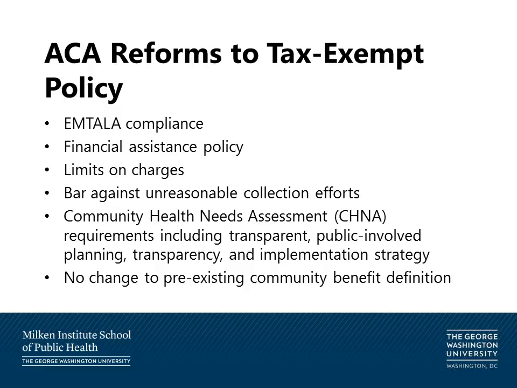What's the plan for addressing those needs that were identified in the CHNA? That plan has to be approved by the board of directors of the hospital. The idea, again, behind these provisions is accountability, transparency, and beginning to really push hospitals to link community benefit spending with the very needs that are identified and present in the community. Next slide, please.